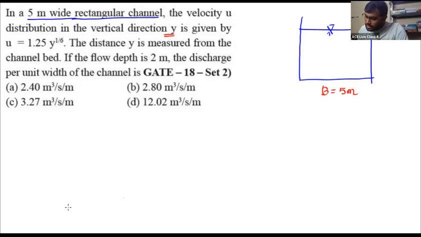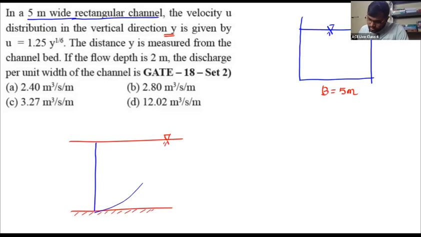Yes. So can I draw the velocity distribution please? Yes. This is a water surface. So this is the velocity distribution. And the velocity distribution is measured as, see, this is the bed level.